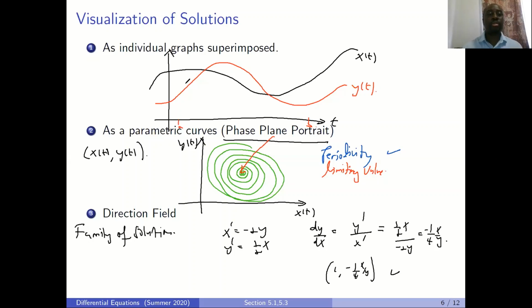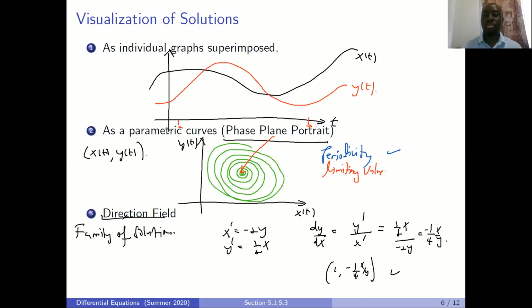Okay. So both the superimposition and the parametric curves with the phase plane portrait are visualizing one particular solution, one particular pair of solutions, right? But the direction field, remember, allows you to visualize the family of solutions.